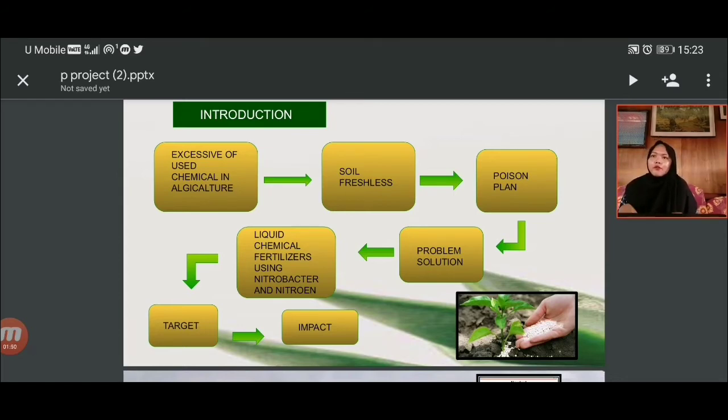Then we try to solve the problem by introducing our liquid chemical product using Nitrobacter and nitrogen, where it can maintain plant fertility and maintain soil freshness.